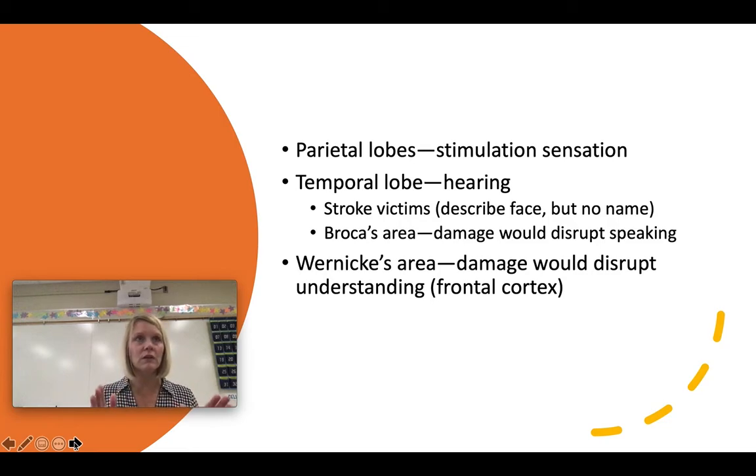Could you feel your tongue moving even though you didn't actually move your tongue? Or could you feel your fingers wiggling even though you didn't wiggle your fingers? That is this sensation.